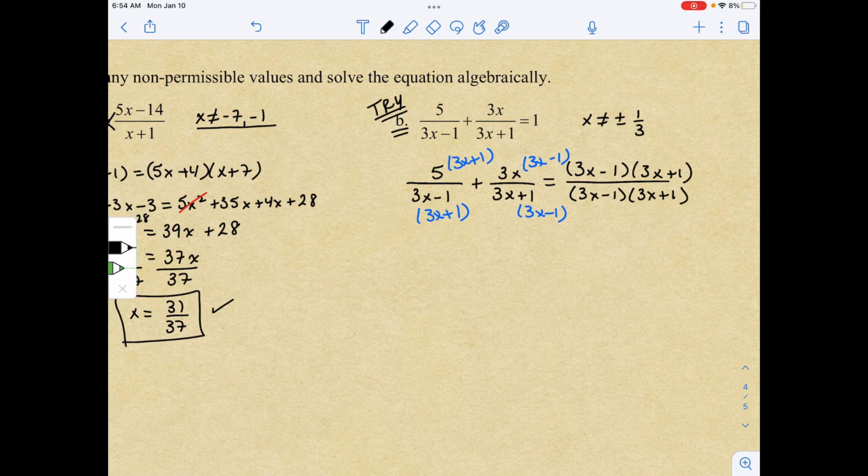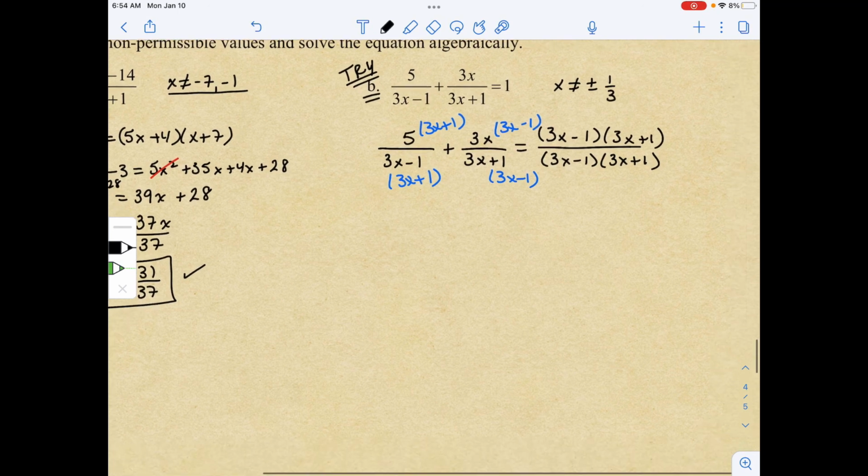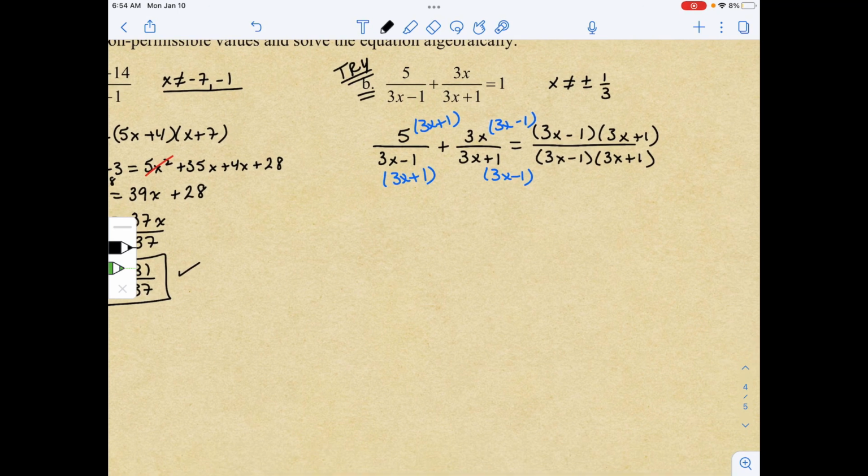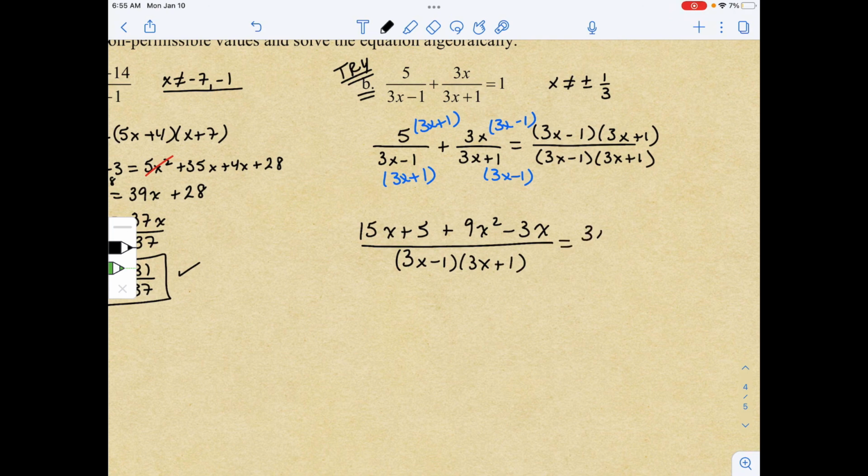Okay, so once we're set up there, we are going to distribute the numerators. We get 15x plus 5 plus 9x squared minus 3x, all over 3x minus 1, 3x plus 1.